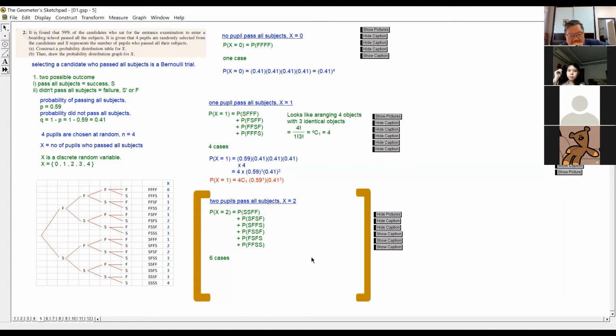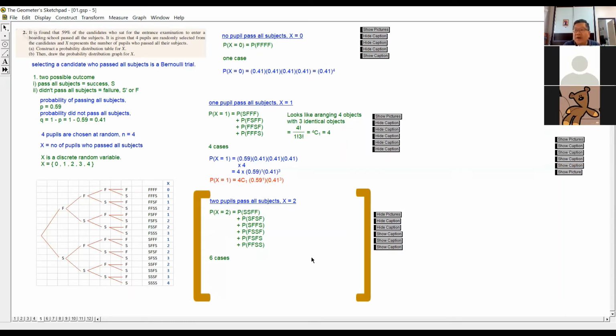You may count wrongly, because there are so many with 2 successes. So instead of counting from the tree diagram, there is a shortcut. We use our knowledge of permutation. SSFF is a permutation of 4 objects with 2 identical ones and another 2 identical ones.